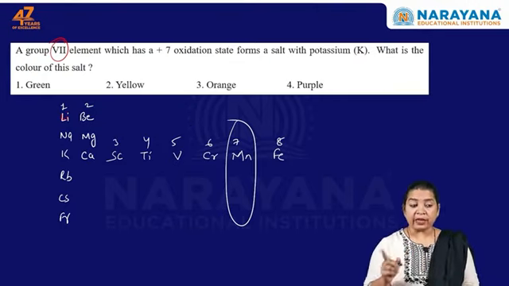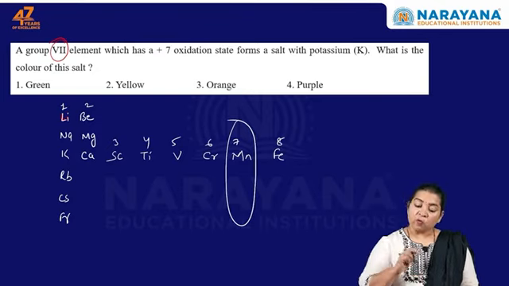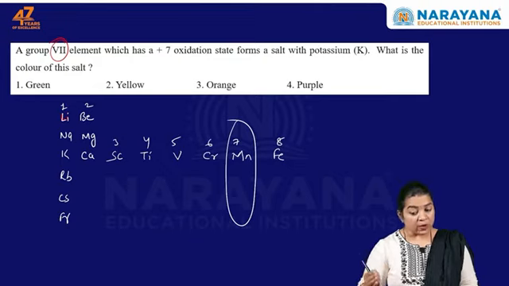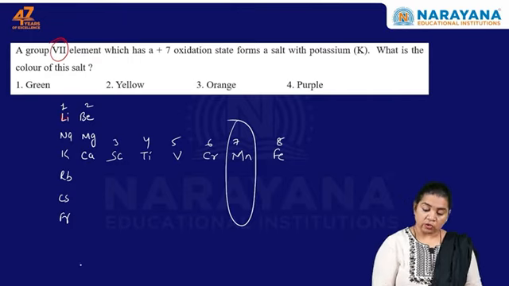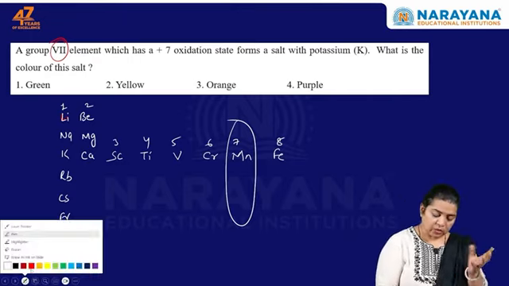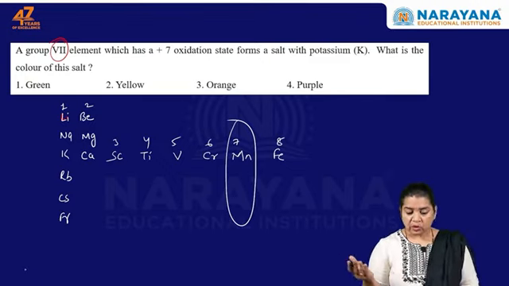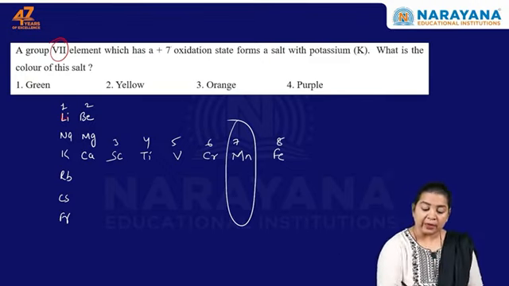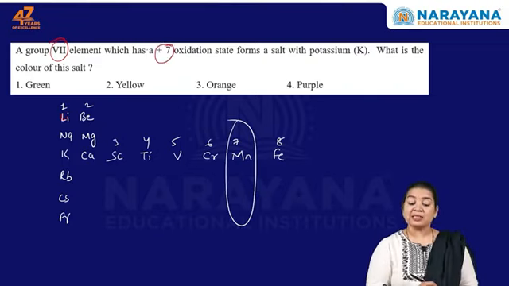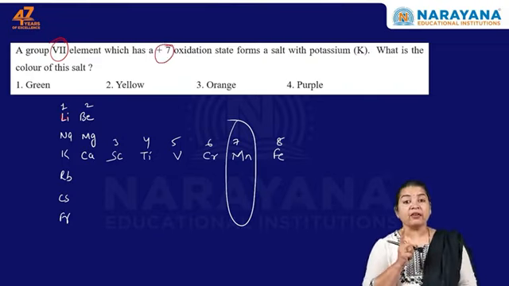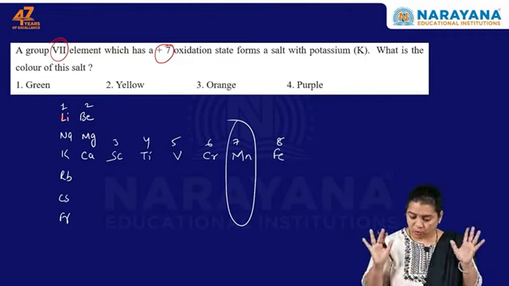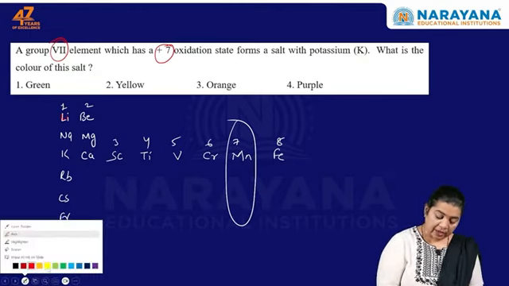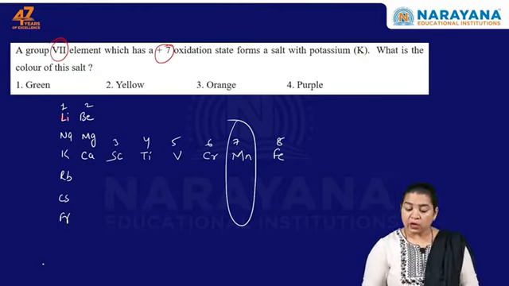A group 7 element which has a +7 oxidation state forms a salt with potassium. What is the color of this salt? Well, there are two different opinions about this question. Some students say they asked for +7, some say they asked for +6. I will tell you the answer for both, so whatever appeared in your paper, you can use.